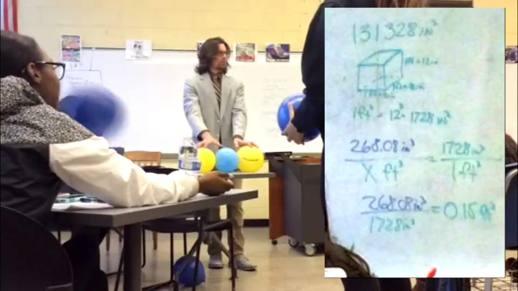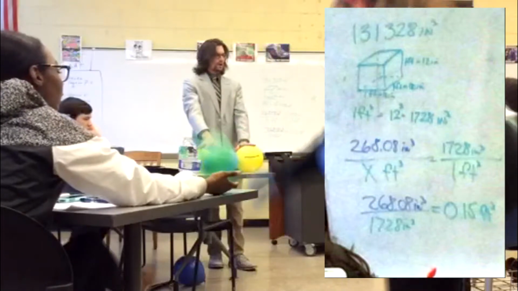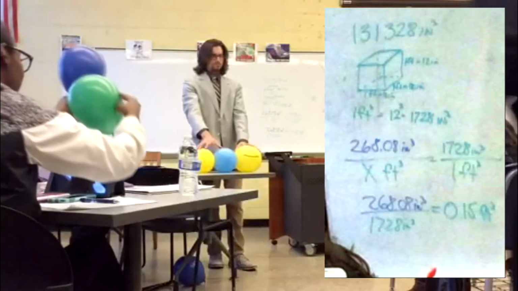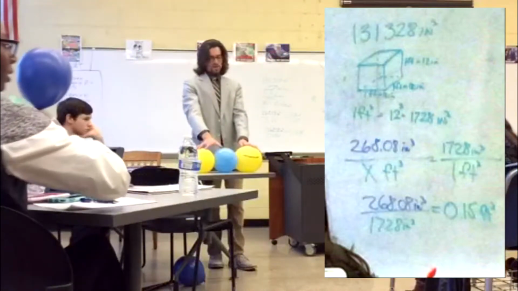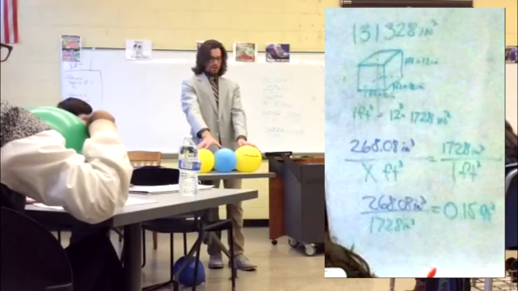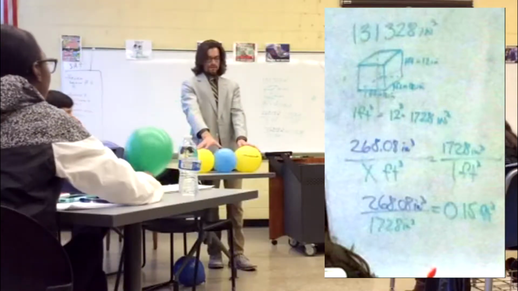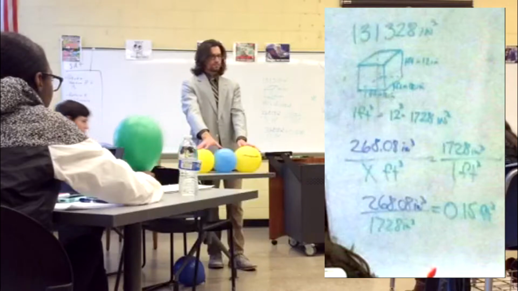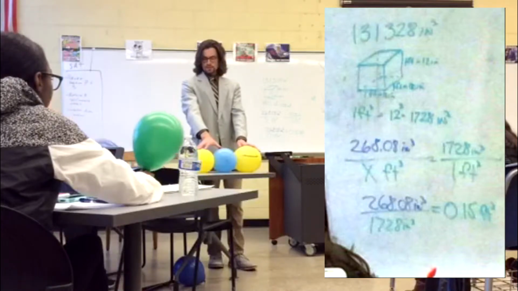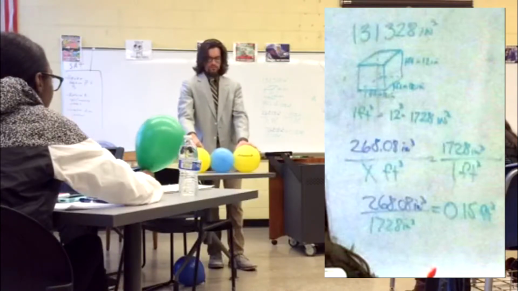Just go width. If this is 4 inches, this should be about 4, and this is about 4. So lengthwise here, or side to side, we're about 12 inches, and it looks like it's a little bigger, but you know, balloons are big.